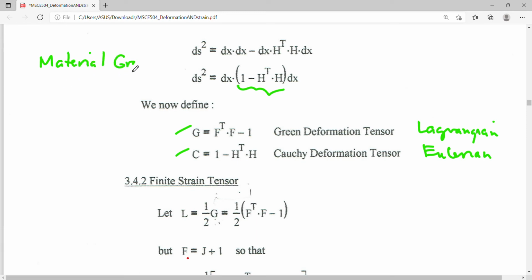So this is now the deformation gradient, the displacement gradient, and now we have the deformation tensor.